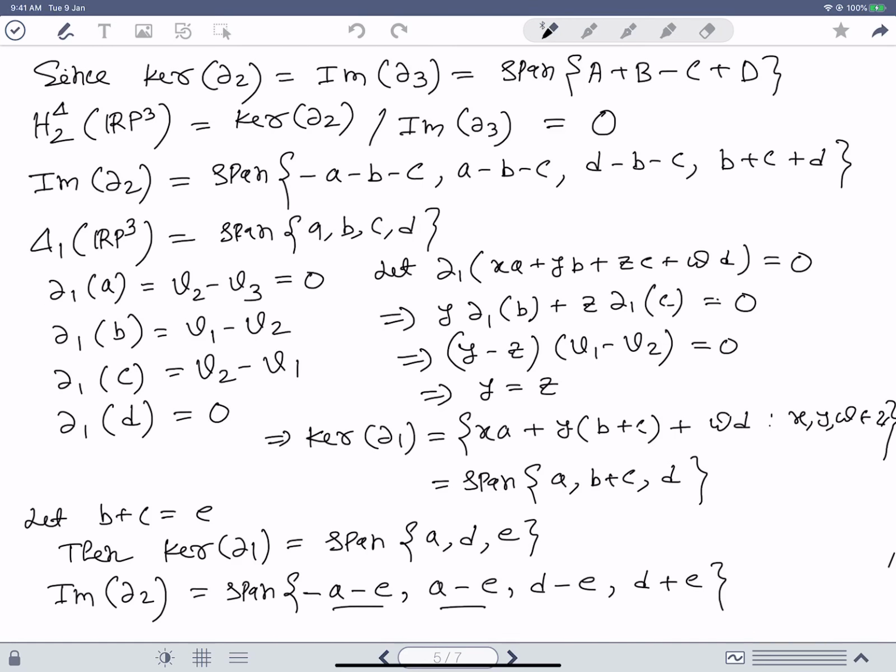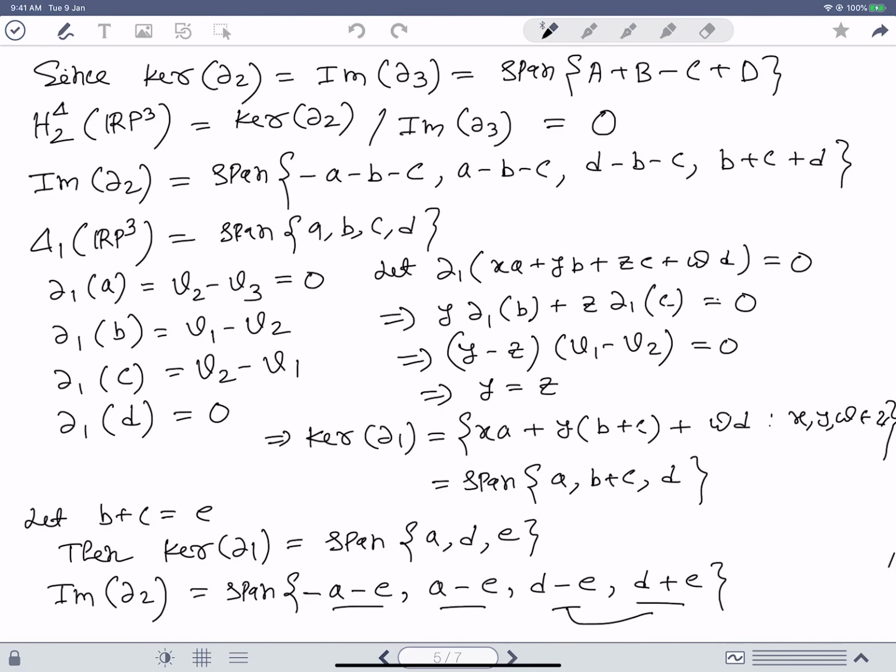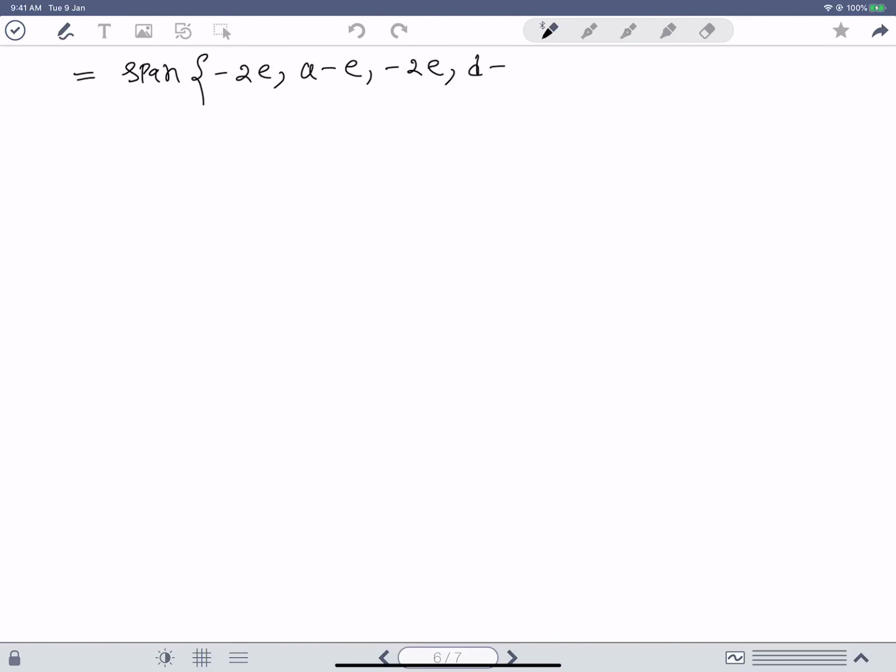Then if you take summation of this and this, okay, we will not take the summation, what we will do, we will subtract this from this, okay, then we will have minus 2e and d plus e. Okay, so we can do this because this is just a span, right?